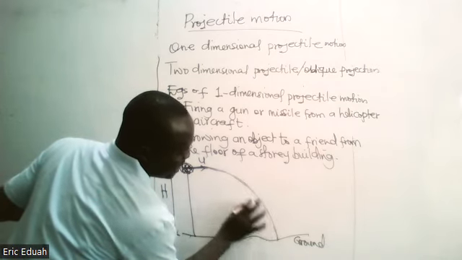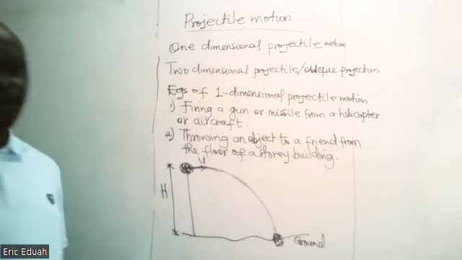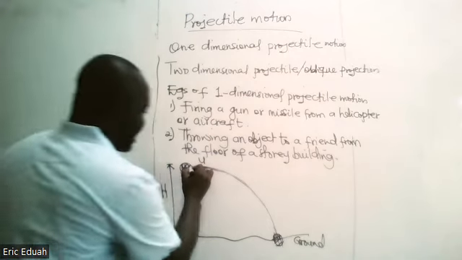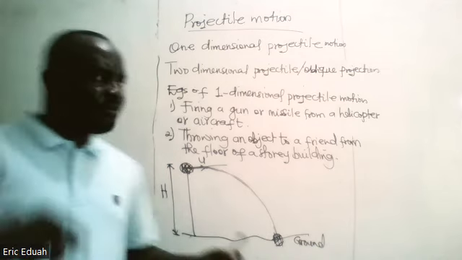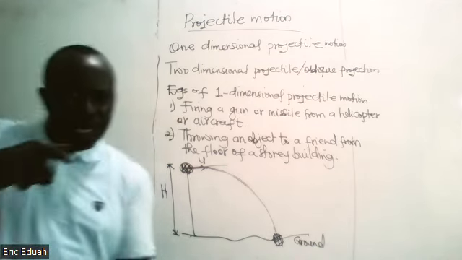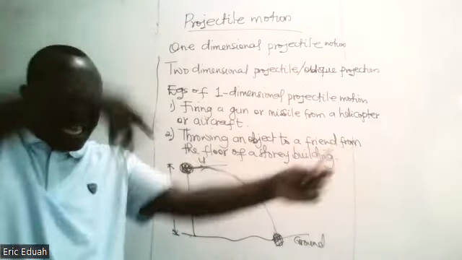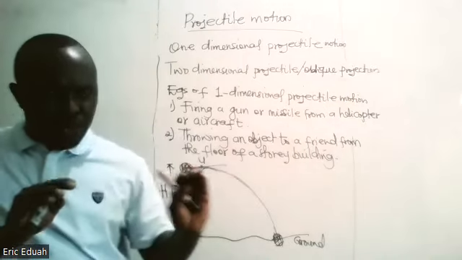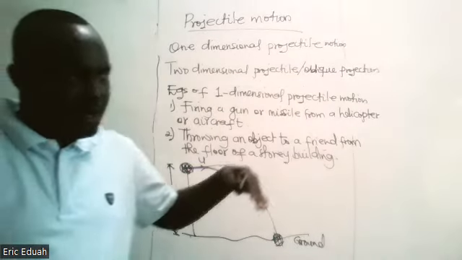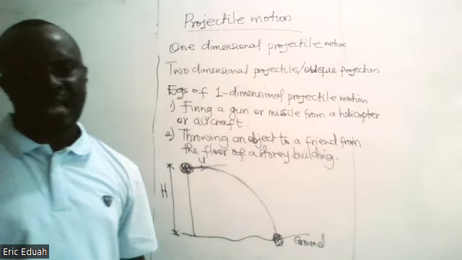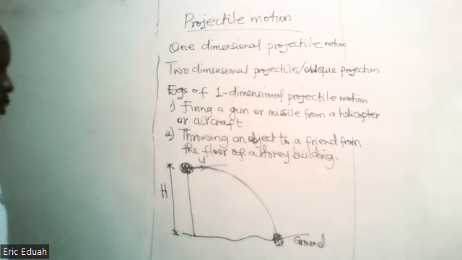So the object drops on the ground. This is an example of one-dimensional projectile motion. If a missile is fired from a helicopter while it is in the air, the bullet would go horizontal, then gravity will push it down till it drops on the ground. This is the path. Are we okay? Yes, please.